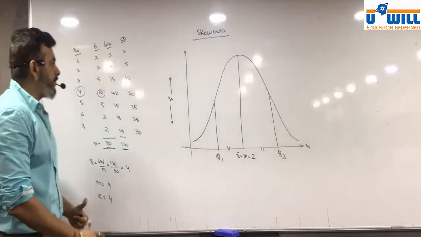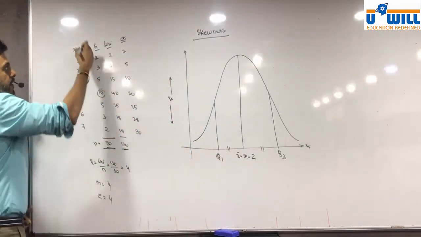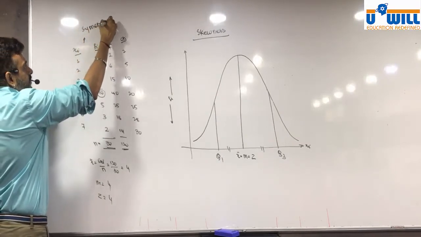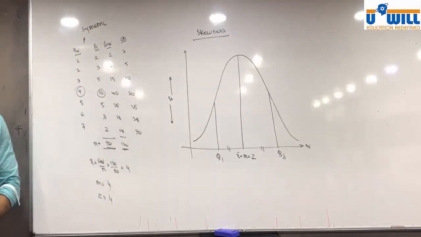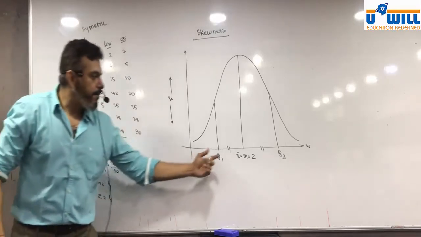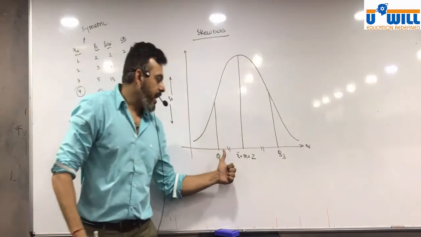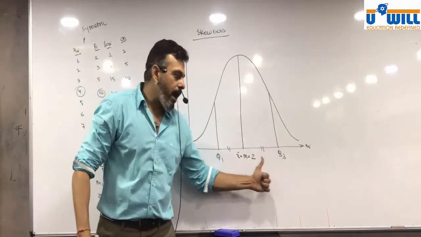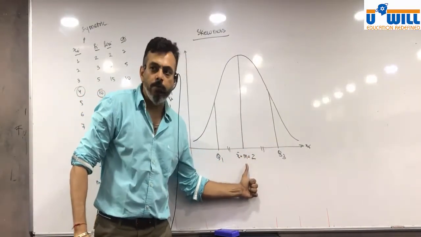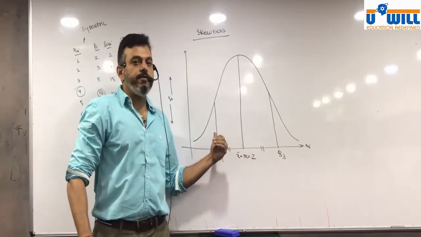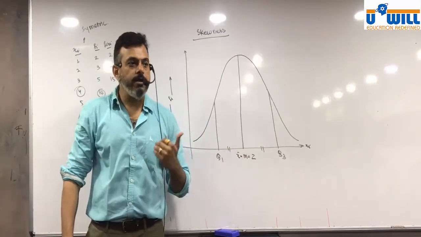Such type of frequency distribution is known as a symmetric frequency distribution. Symmetric means what? Where mean is equal to median is equal to mode and quartile 1 and quartile 3 are at equal distance from the median. Understood this? Then we call it a symmetric frequency distribution.